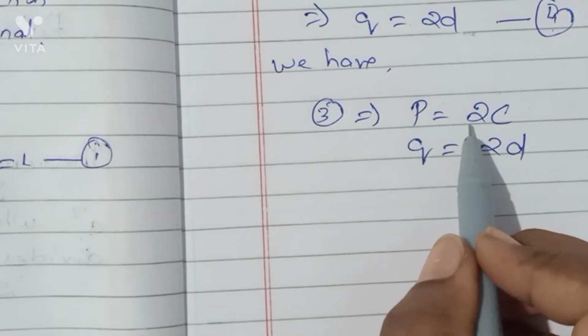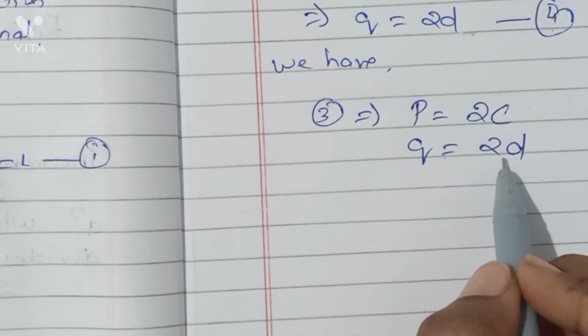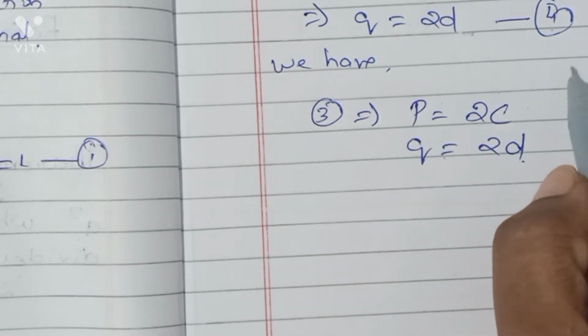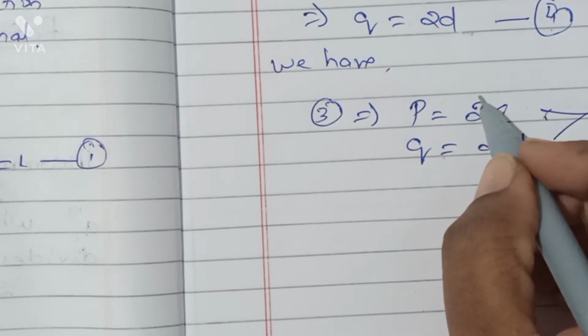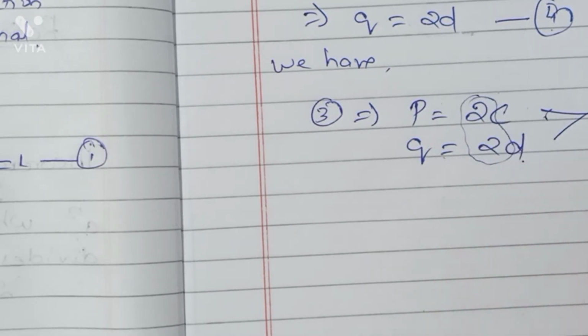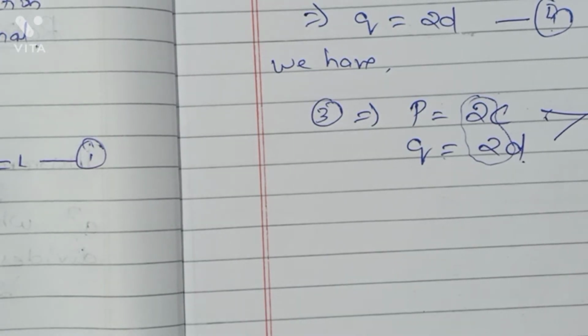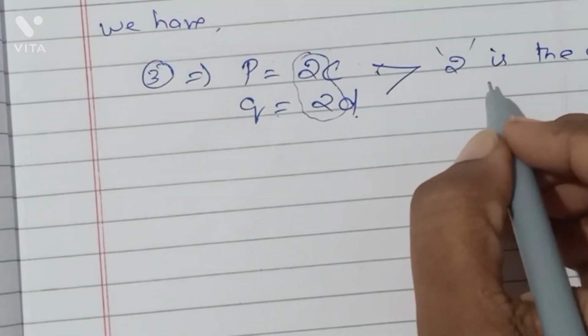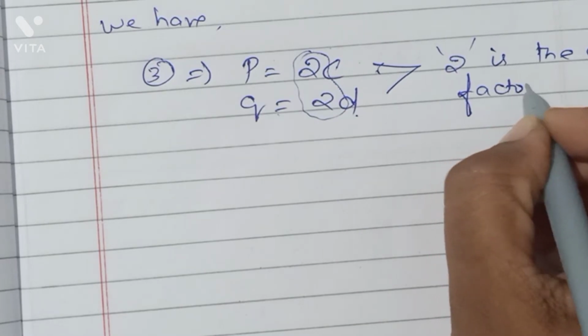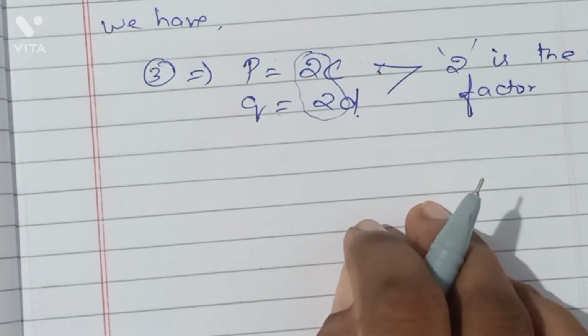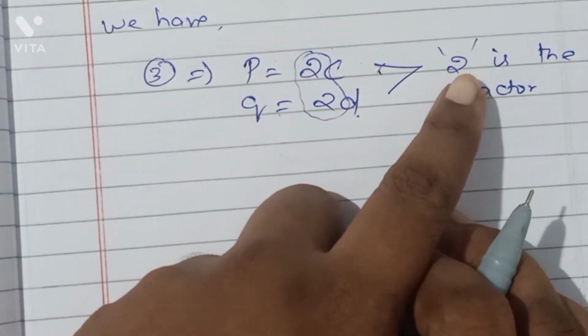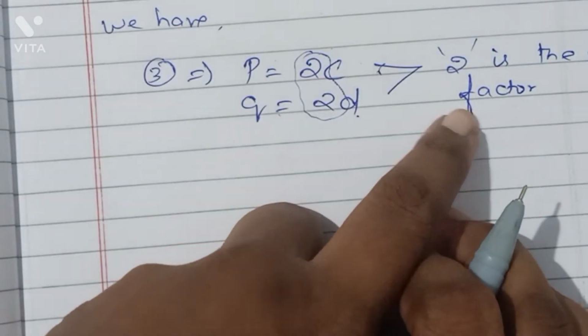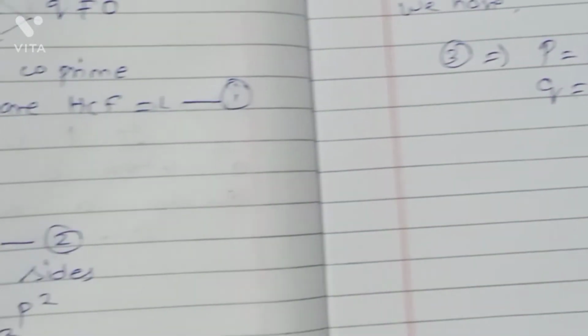So we are having P is equal to 2C and Q is equal to 2D, isn't it? So what does this imply? This implies that 2 is a common factor. Okay, so we are telling that 2 is a common factor, but consider the first equation. What is the first equation?